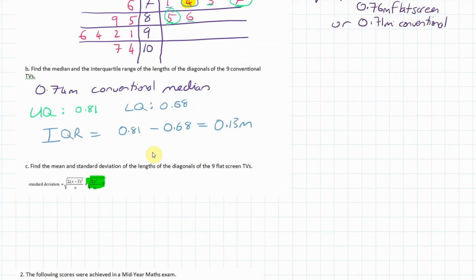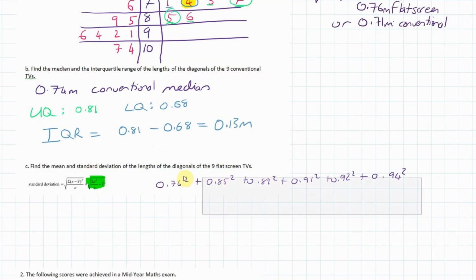So what we're going to do is we're going to have on the top 0.76 squared plus 0.85 squared plus 0.89 squared plus 0.91 squared plus 0.92 squared plus 0.94 squared. I'm going to move this over a bit.